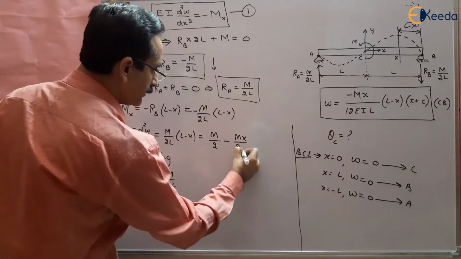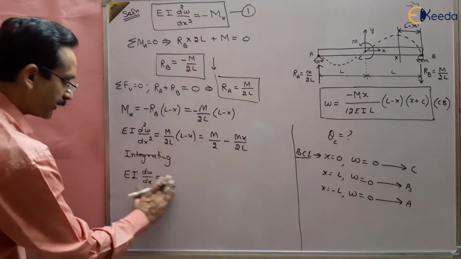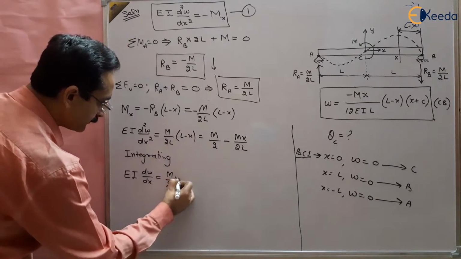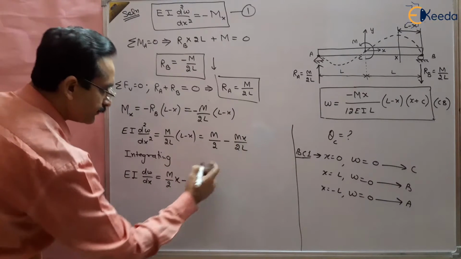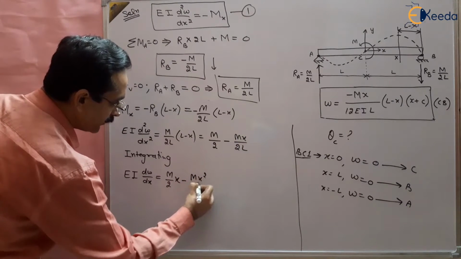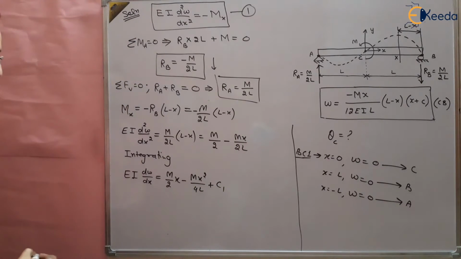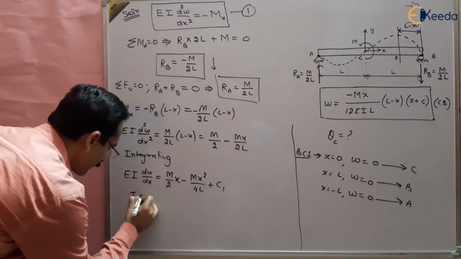Integrating this, the integration of M by 2 is M by 2 x, and the integration of the other term is Mx square by 4L, plus some constant C1. Again integrate it to get another constant.